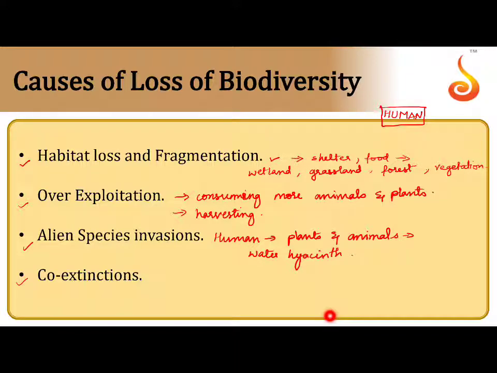It was not a native plant of India. But today what has it done? It has covered the water bodies in such large quantity that there are fewer water bodies today in India, especially in West Bengal. This is why we call it terror of Bengal. It is covering up the lands, covering up the water region and killing the animals within. Aquatic animals are dying. So this is one of the biggest issues.